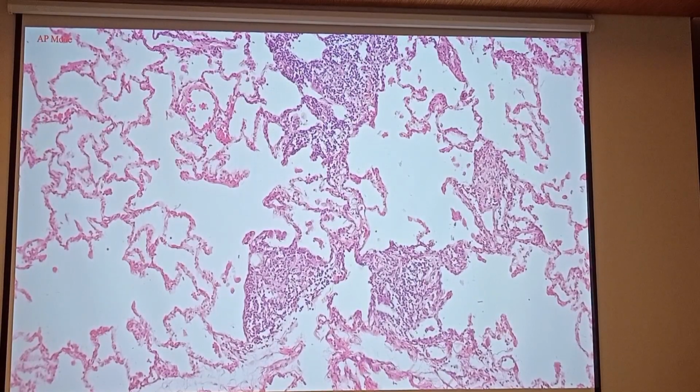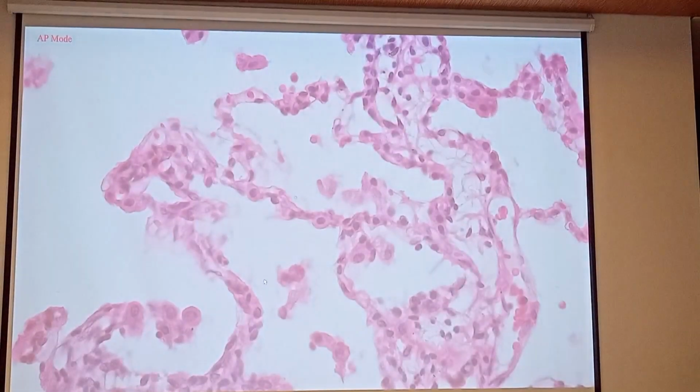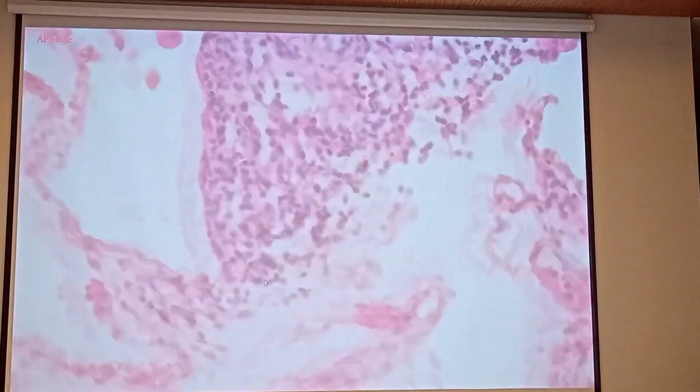lymphoid infiltrate. Some of these larger cells, which have sort of a spindle-shaped configuration, you call them macrophages.